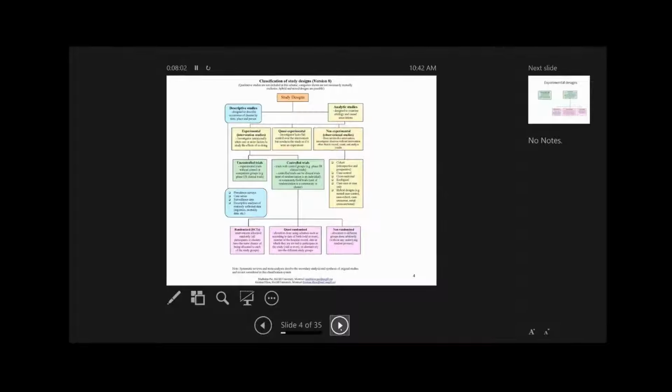In general, experimental and observational studies can be thought of in that simplistic manner. If a researcher intervenes, then it's an experiment. Okay. Within experimental studies, there are uncontrolled trials, controlled trials, and within controlled trials, there is a randomized control trial, quasi-randomized control trial, and non-randomized control trial. Okay. I will tackle that a few slides down the line.